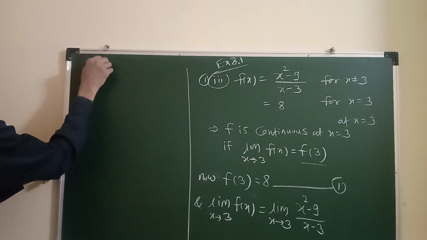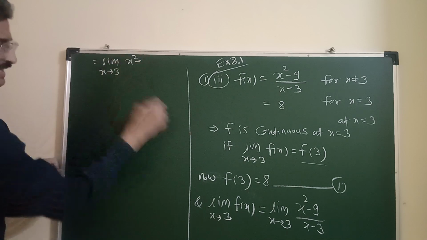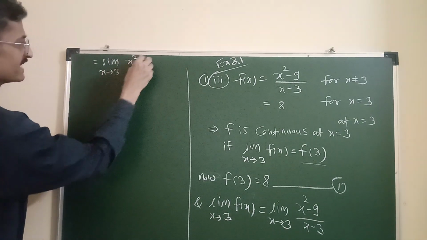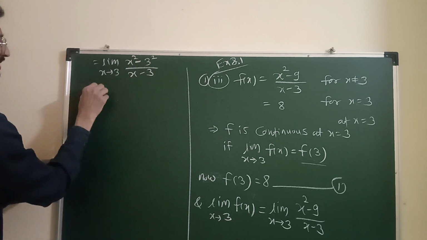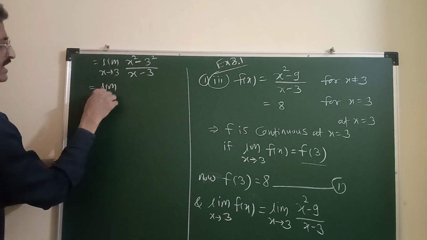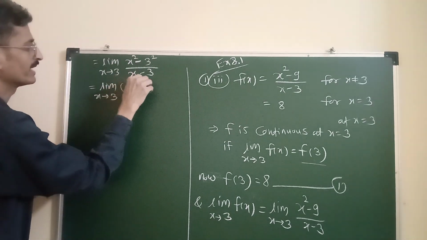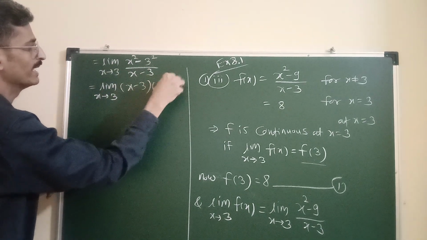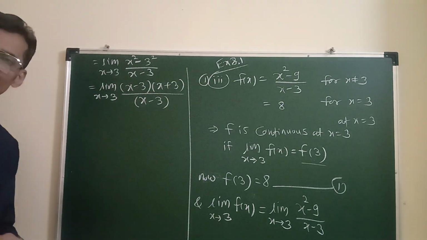So this is limit x tends to 3, x square minus 9, which we can write as 3 square, upon x minus 3. Now a square minus b square is a minus b into a plus b, upon this x minus 3.